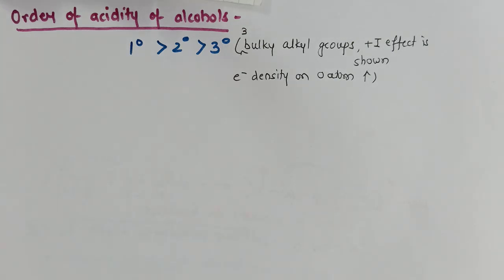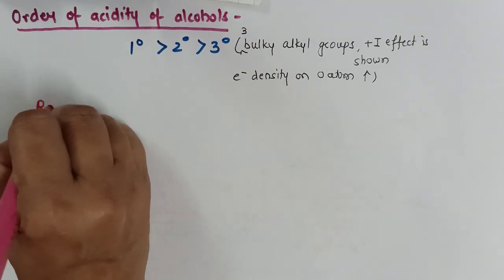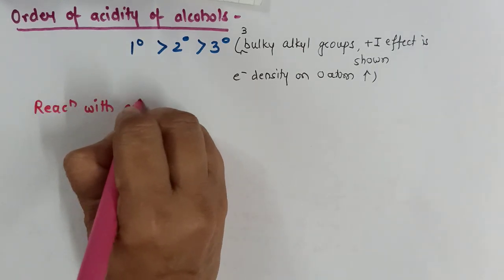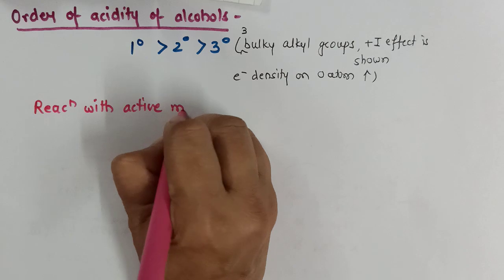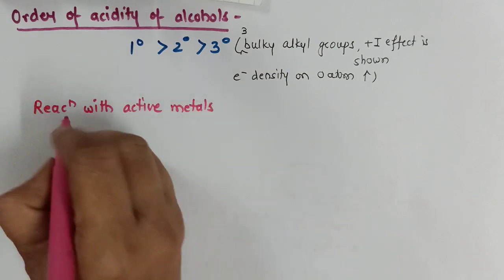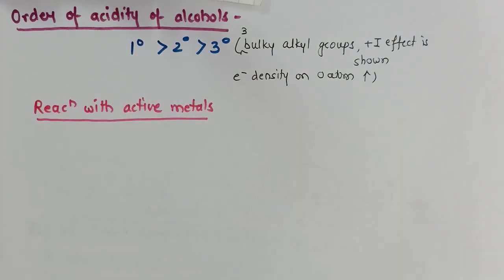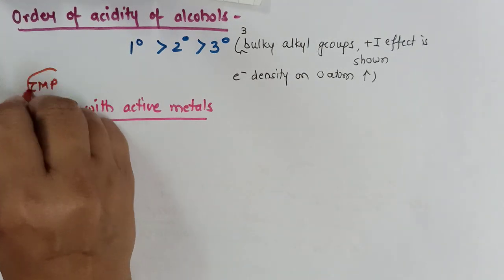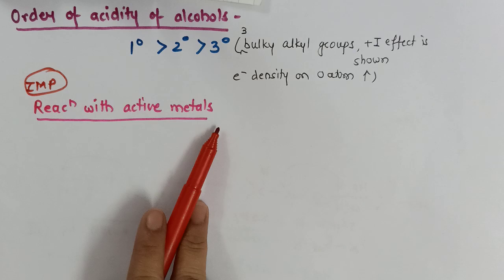Now we have to prove this acidic nature of alcohols also. So we have to prove it with certain reactions. The very first is reaction with active metals. This is a question generally asked: how can you prove the acidic nature of alcohol? So you have to give the reaction with active metals.